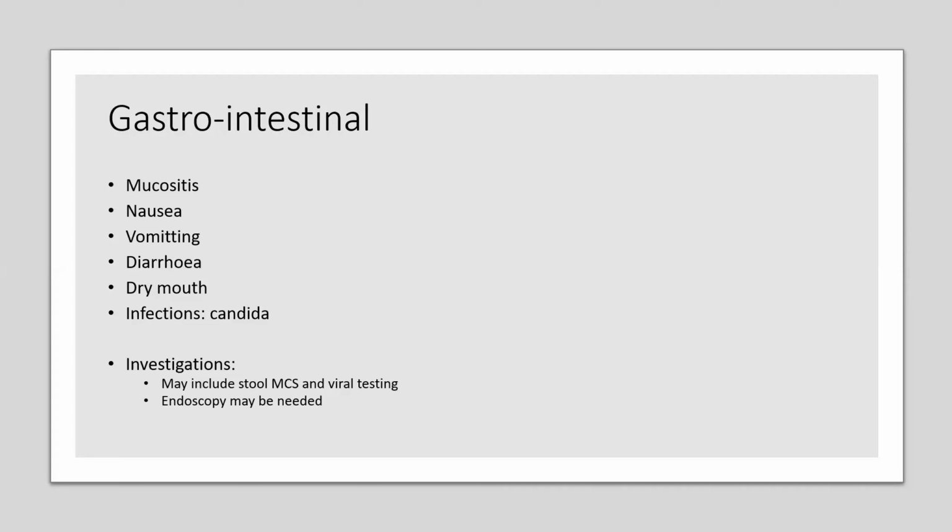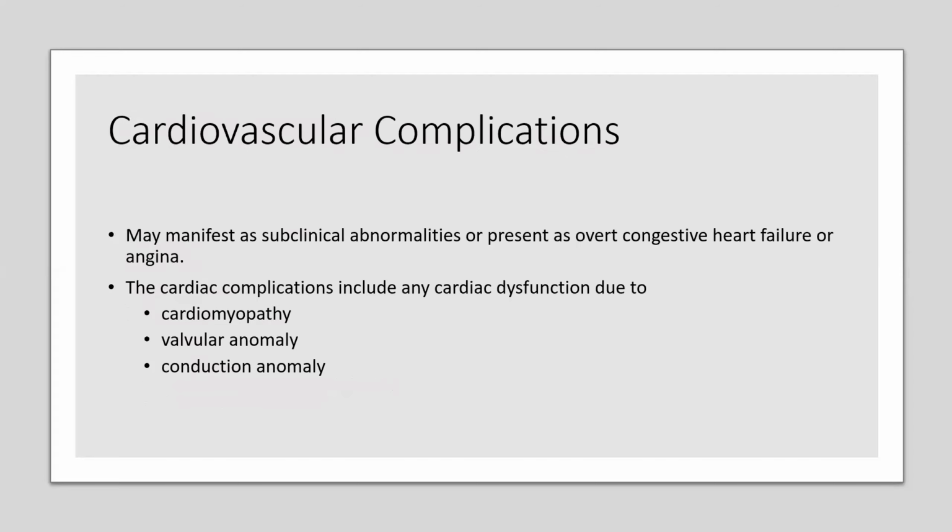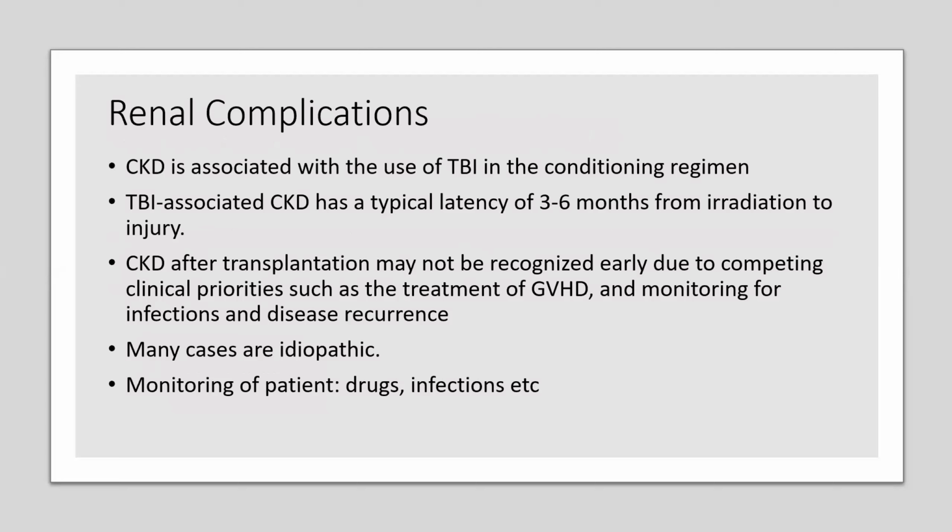So also to watch out here, patients may develop cardiovascular complications, and this may be due to prior therapy that the patients may have received, for example, anthracyclines, or the patient having underlying comorbidities. So often watch out for cardiovascular complications post-transplant, and again, renal complications.